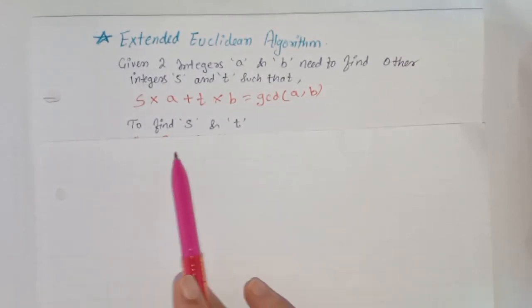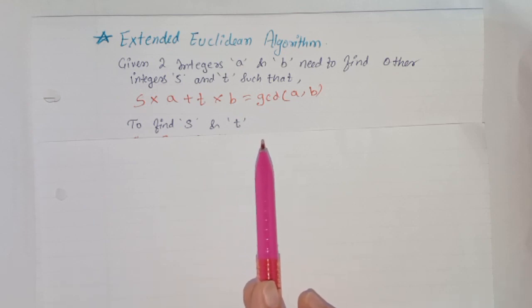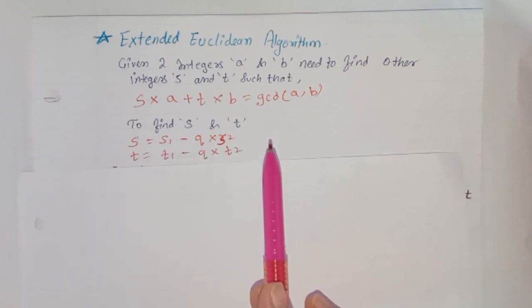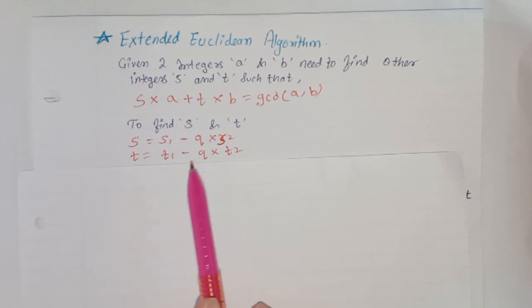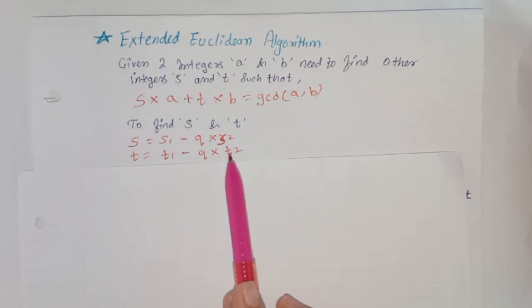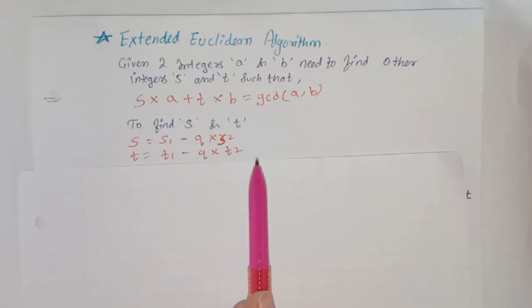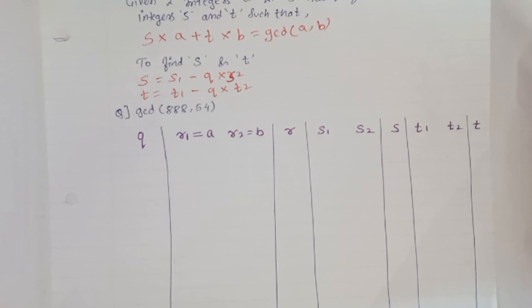So to find s and t there are two equations that we need to use while calculating. S is equal to S1 minus Q into S2 and T is equal to T1 minus Q into T2. Here Q is the quotient.